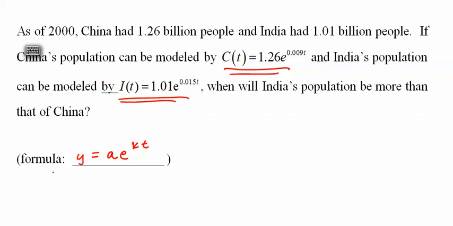So there it is. Y equals a e to the kt, same information as before. We want to set these equal to find what t is when they are equal. So let's divide by 1.01.